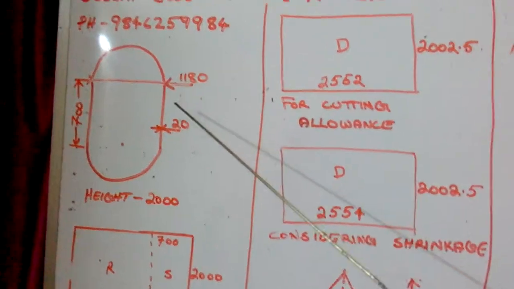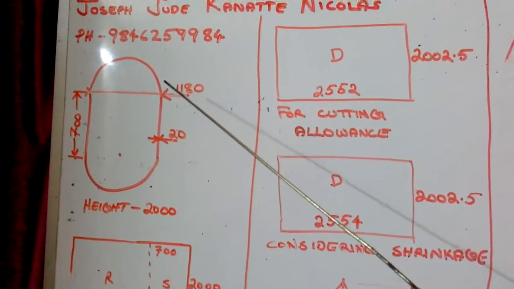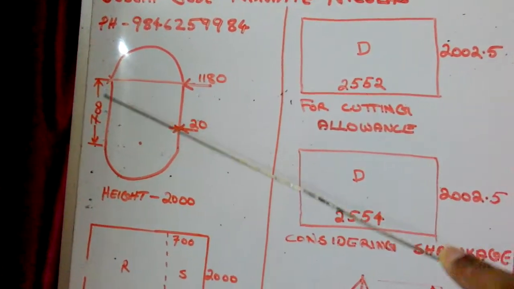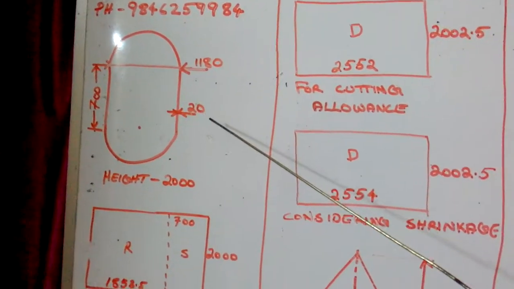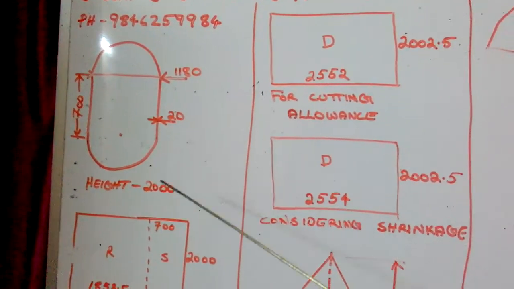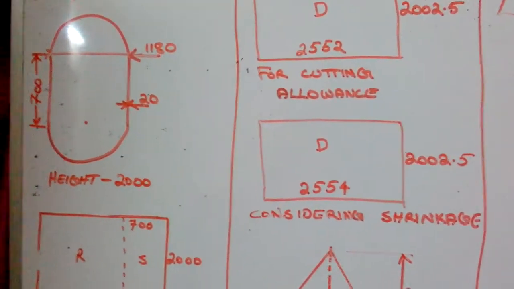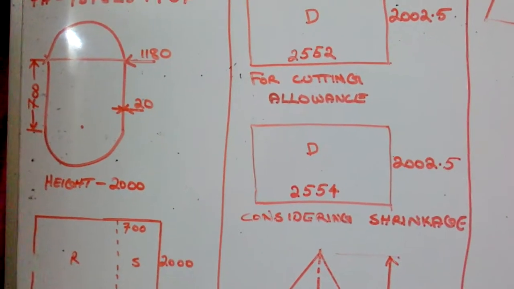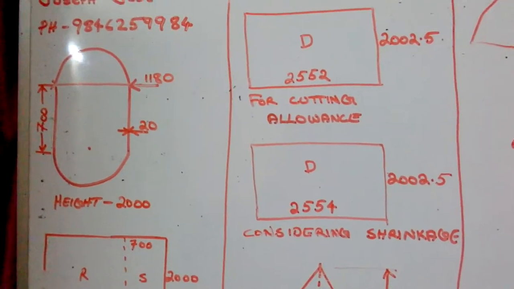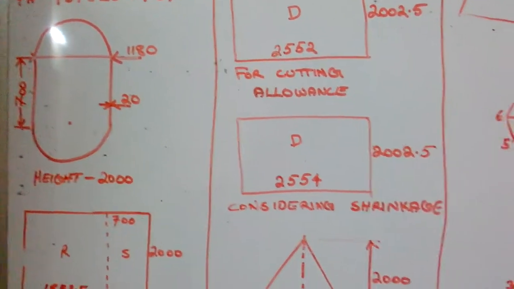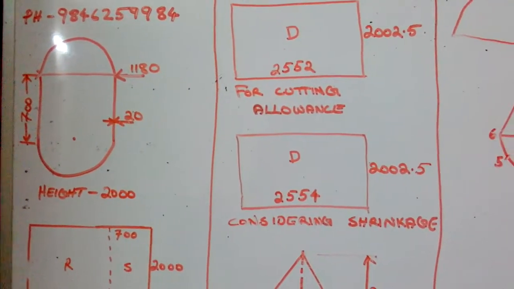I have indicated its medium diameter 1180, its straight length is 700, its thickness is 20 mm, and its height is 2000. I don't draw its plan, elevation, other sections and all because I am just teaching you. In the last few episodes I had described it already.